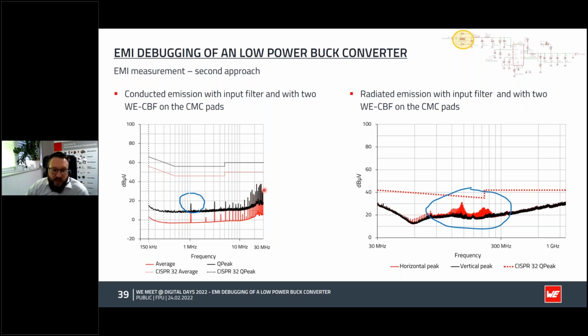At higher frequencies it's not an issue because we have a lot of buffer, but it's still there. But we also see that the noise from the horizontal and the vertical measurement is quite different, so maybe this will lead to other issues in the design. But for the EMC test, everything is fine here. We are quite far away from the limits.